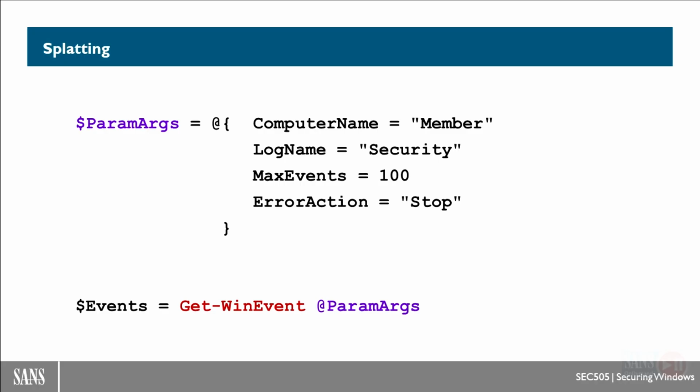So here we can see we've got a hash table named paramargs. So we have keys on the left, like computer name, log name, max events, values on the right. But notice that these keys look like the names of parameters. And the values on the right are similar to the arguments to those parameters. And in fact, that's exactly what it's for.